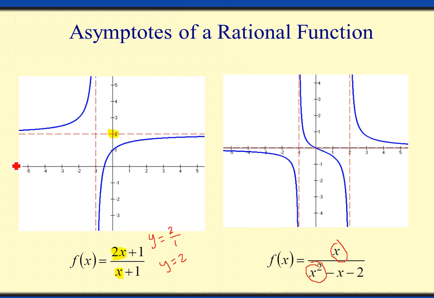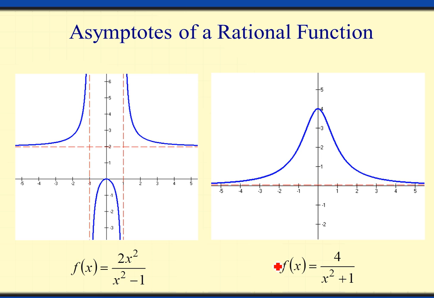And remember, if the degree of the numerator is smaller than the degree of the denominator, then the horizontal asymptote is given by y equals 0, which is nothing more than the x-axis. And you can barely see it there, but that's what I've drawn in above. Y equals 0 is that dashed horizontal line right there. And of course, we recognized before that that was a horizontal asymptote.